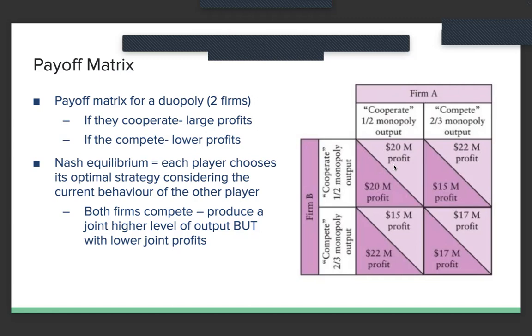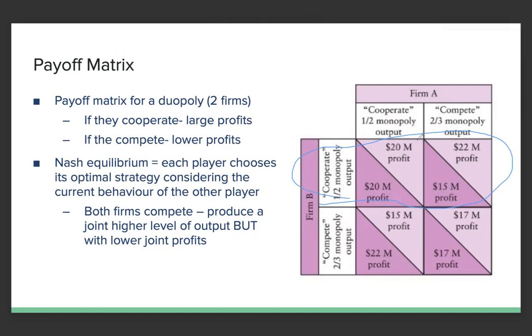So let's look at firm A's decisions. Let's say firm B for now, so we take the actions of the other firms as given. If firm B decides to cooperate, what's the best thing for firm A to do?